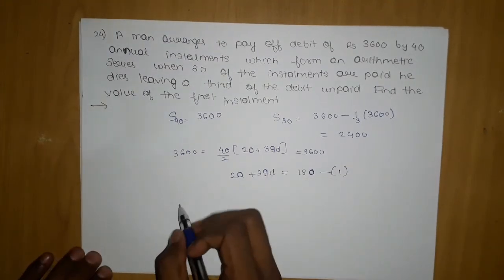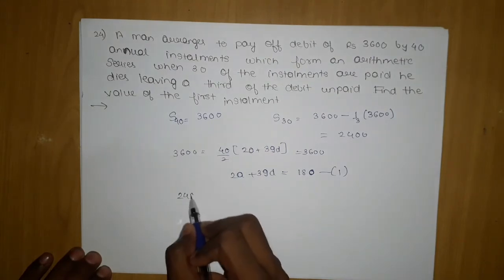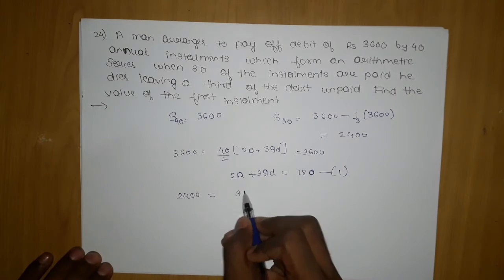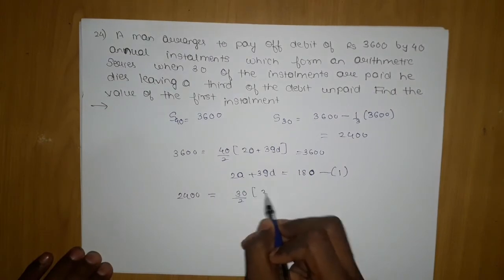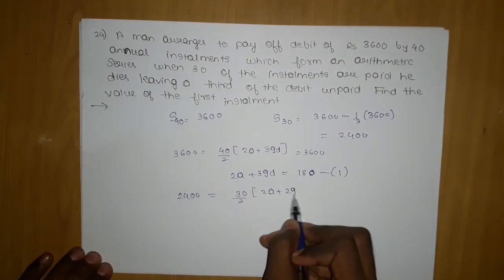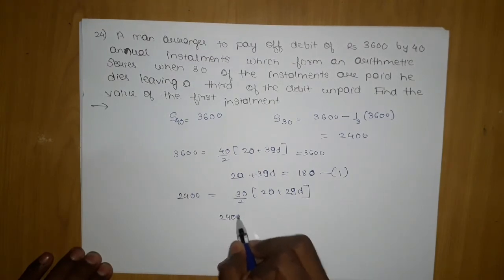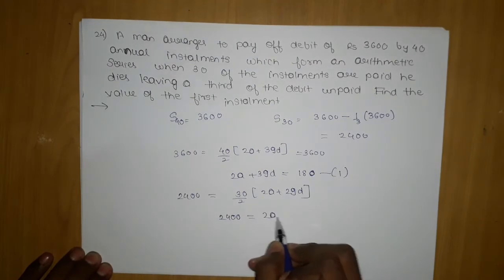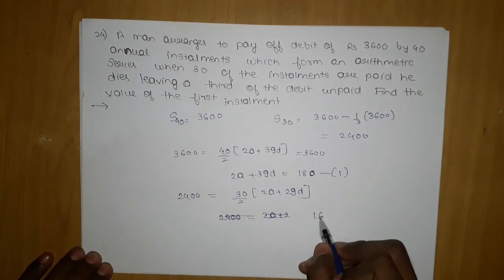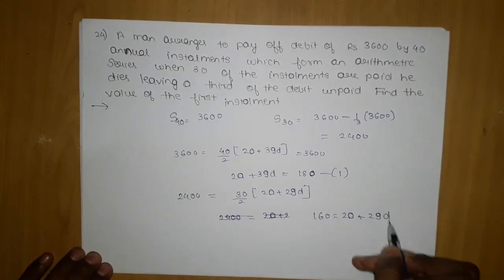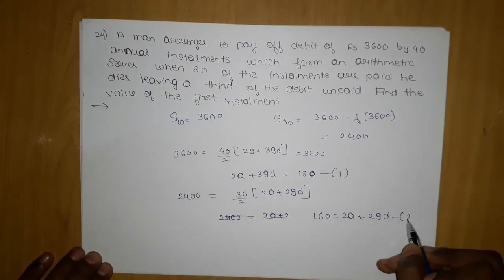Now by S30 we get 2400 equals 30 by 2 bracket (2a plus 29d), which gives 160 equals 2a plus 29d. We will call it equation 2.